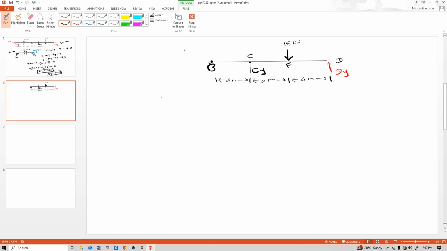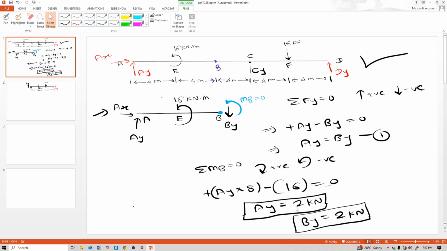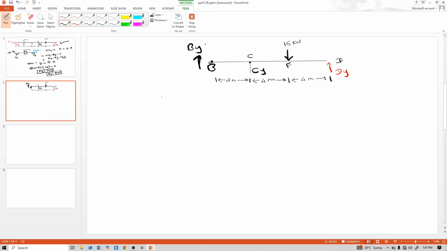So consider here BY. See, this BY is 2 kN, so here also it is 2 kN.